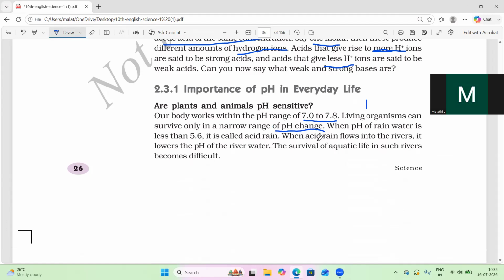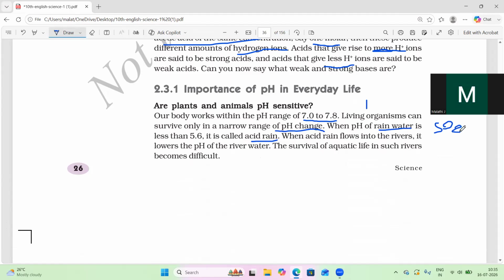Then, what is acid rain? One more importance of pH is acid rain. Usually rainwater will be basic or neutral. But when it enters the atmosphere, the rainwater combines with SO2, which is pollution in the atmosphere.